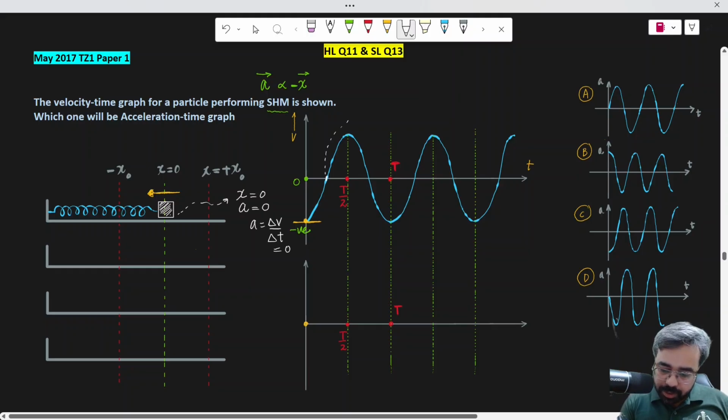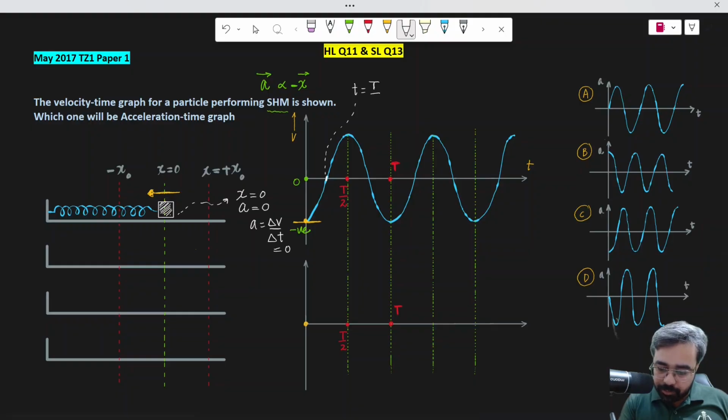Now let's talk about this point. At this point, dear students, the instantaneous time is T by 4, right? Since the object is moving leftward, in that quarter time this object should be exactly at the extreme position.